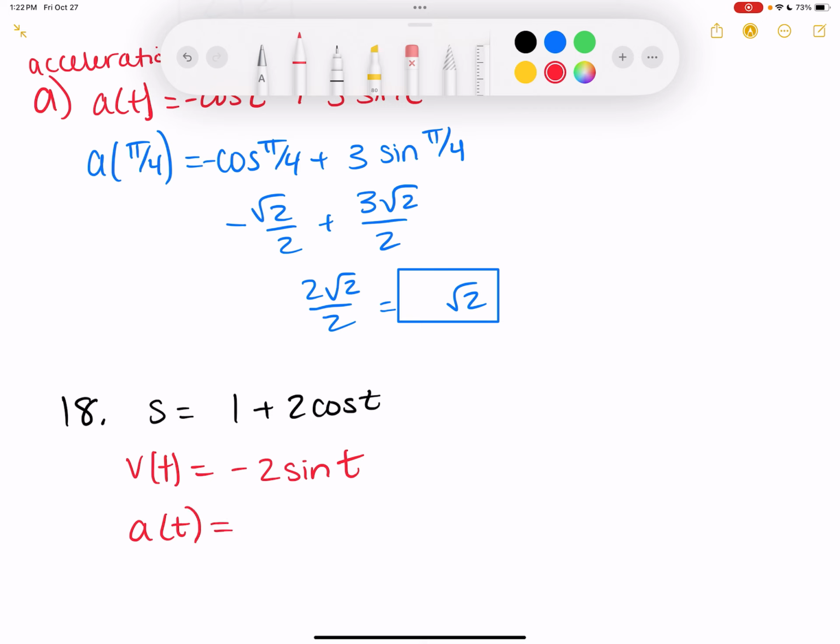I think we should let Ethan have this one. Is negative 2 cosine t. Yep. Nathan, you don't know the derivative of negative 2 cosine of t?